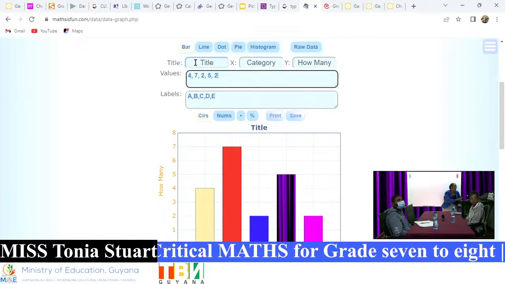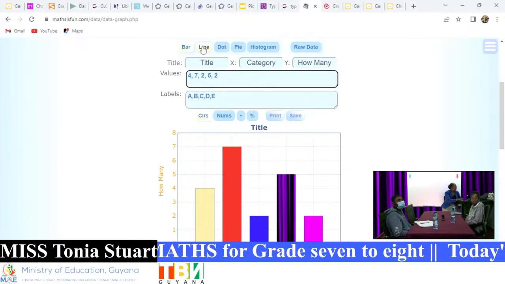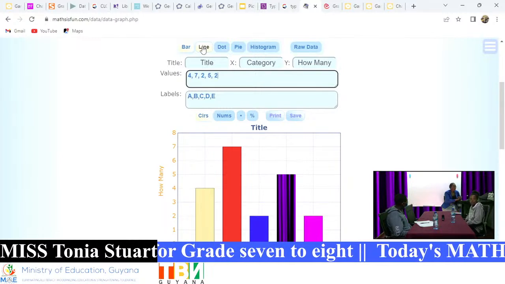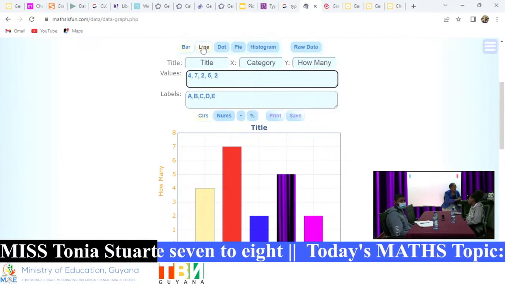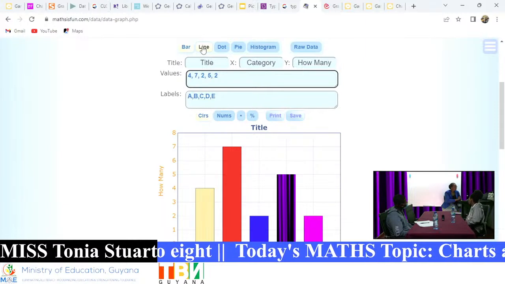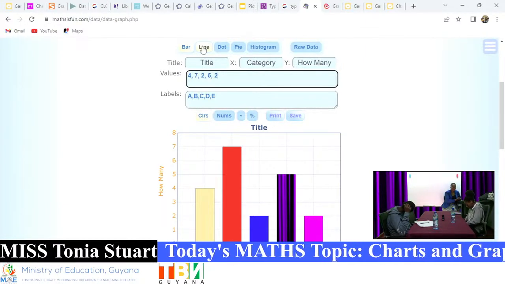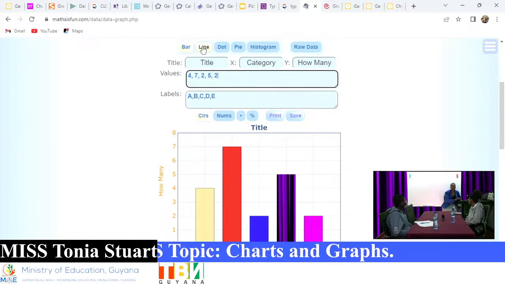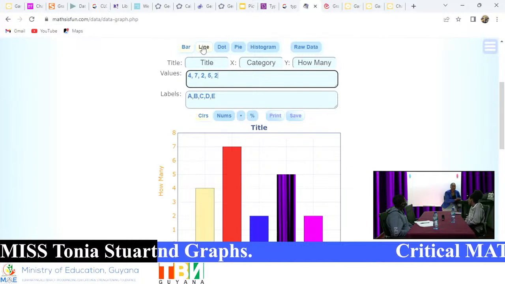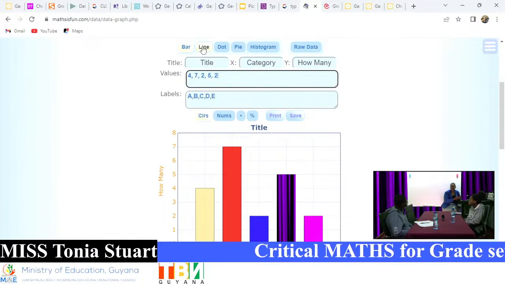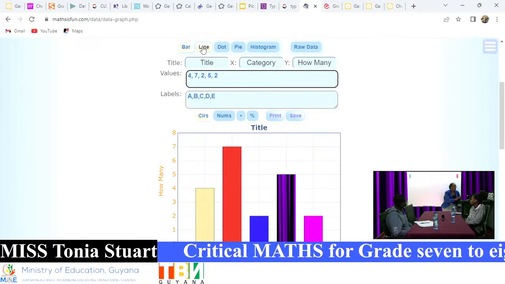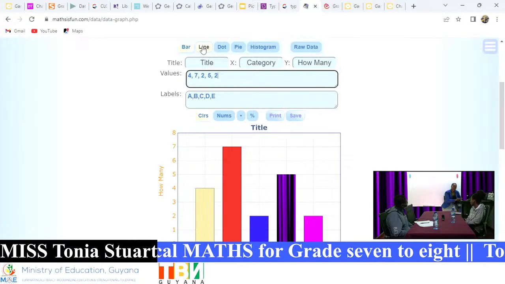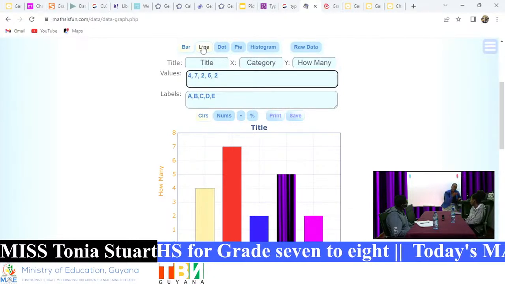I'm going to use the same information and change it. The bar graph can represent several things, as in different colors, different fruits, or different persons whose names begin with the letter A, B, C, D, or E. So it can represent that information graphically and visually.